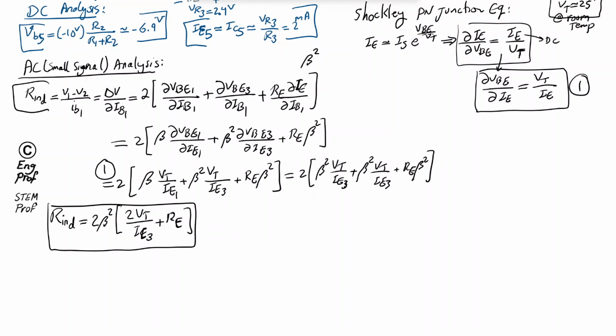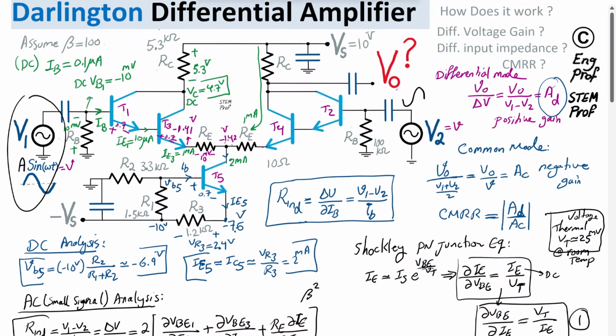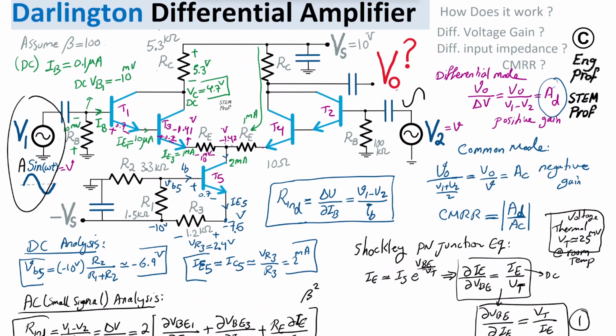This is equation 2, so I'm going to name it equation 2. And if we want to substitute for these values, we can quickly find it. 2 times 100 beta squared, and then 2 times 25 millivolt for the thermal voltage VT, divided by IE3 DC bias, basically the emitter current of transistor 3, which is 1 milliamp, half of the 2 milliamp current source.